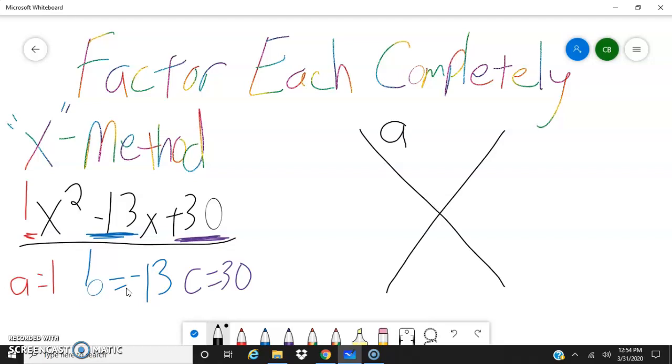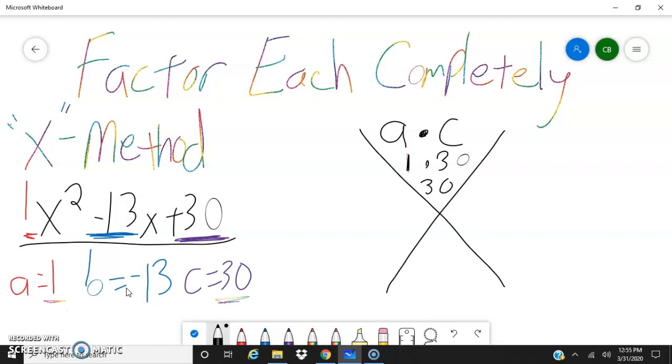So take our value of a that we found, which is 1, times c, which is 30. 1 times 30 is 30.